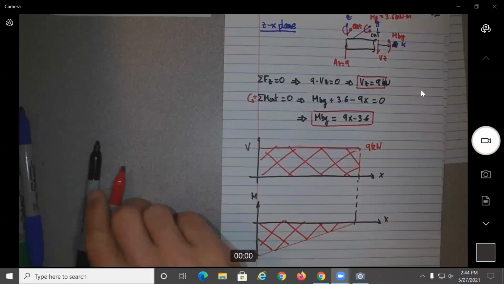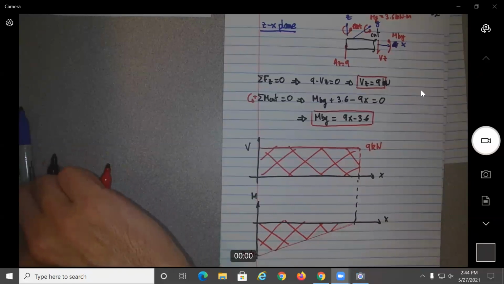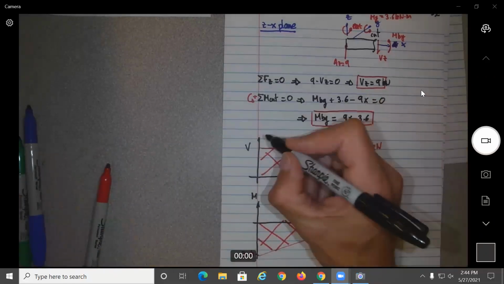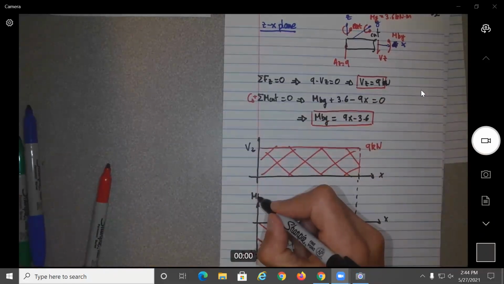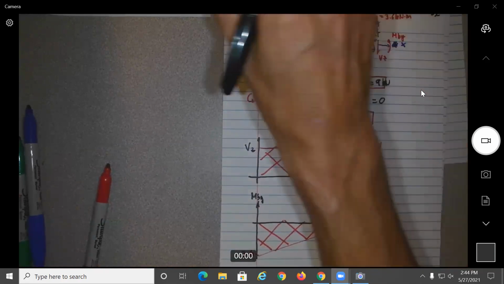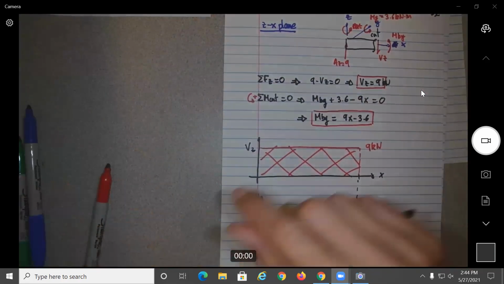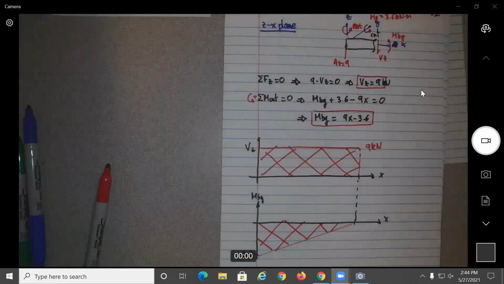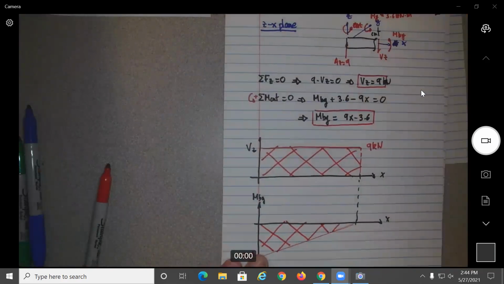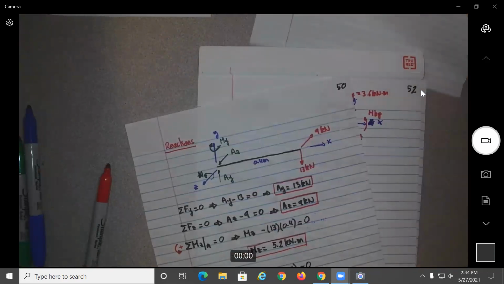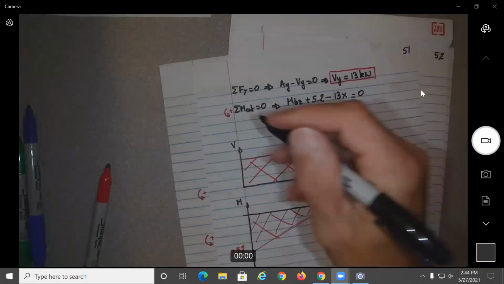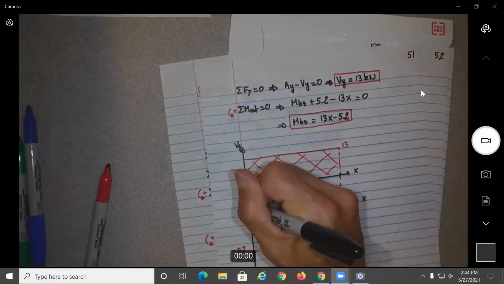And 0. So it would be VZ and MBY. And what do we have in the previous figure? I don't know anymore. This one would be VY and MBZ.